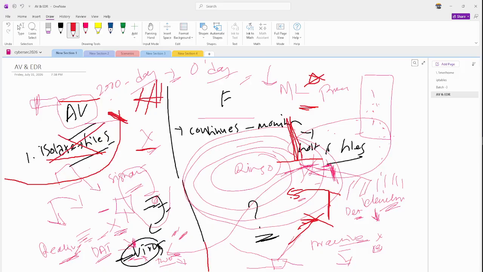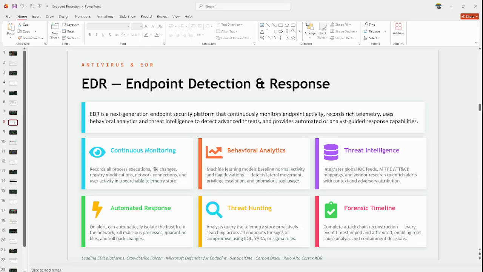Now we will go back to our presentation. Now you see all your context here: automated response, threat intelligence, forensic timeline, all that you can do with endpoint detection and response, EDR.